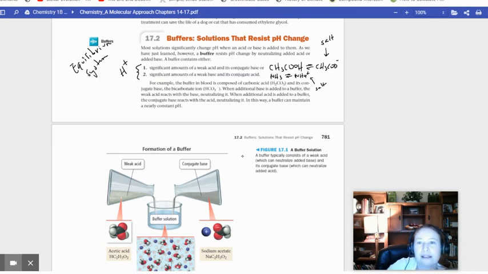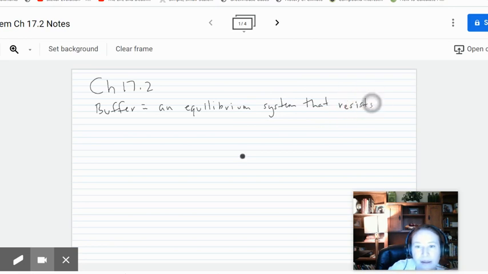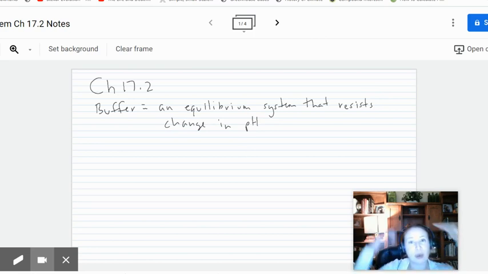It is, I'm going to call it, an equilibrium system that resists change in pH. So if you add an acid, it's going to try to neutralize that acid in a way that the pH doesn't go up or down too quickly. And if you add a base, it's going to try to alleviate that change as well. So it resists change to pH.